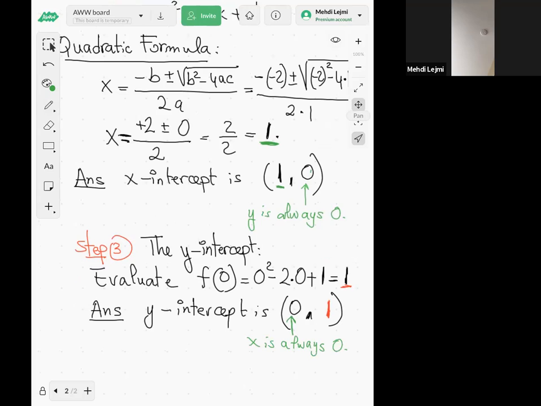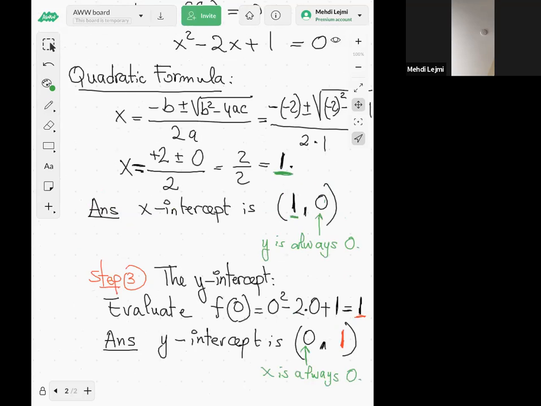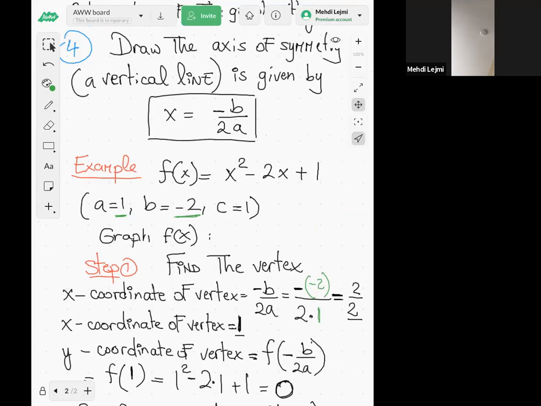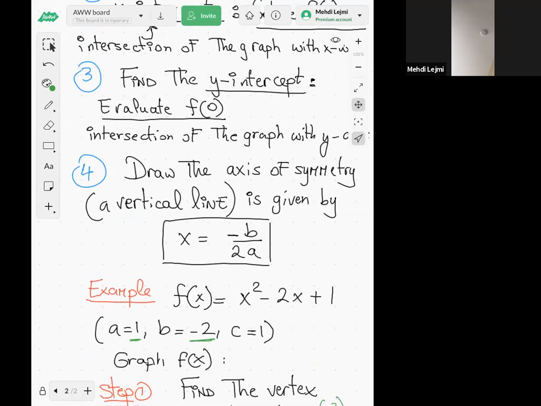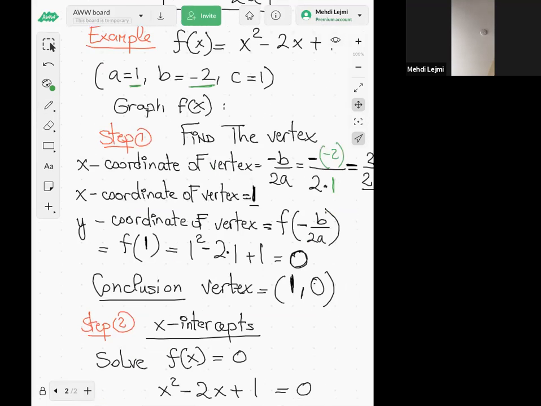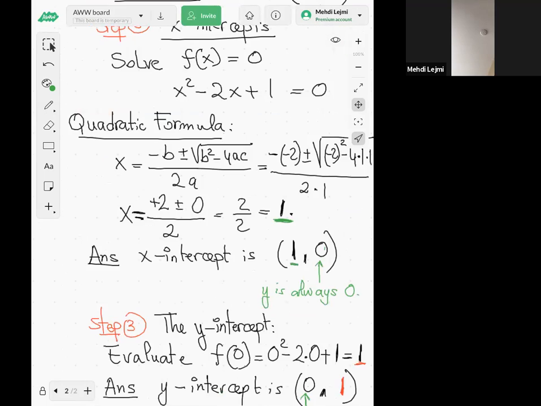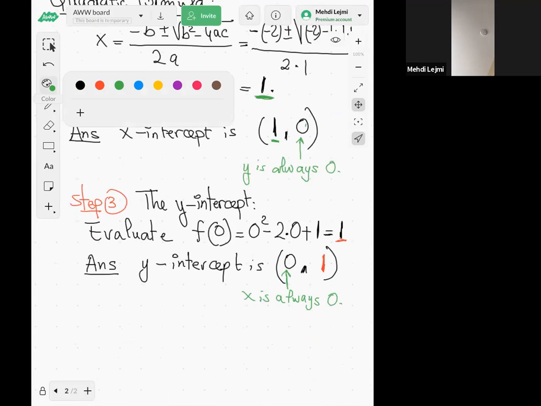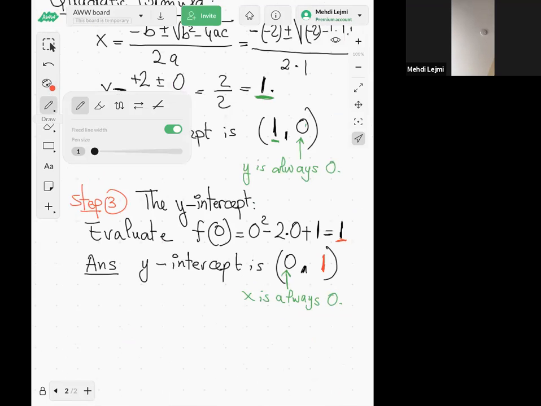Now, step 3 was finding the y-intercept. Step 4, I have to find the axis of symmetry, and the equation of the axis of symmetry is just the same as the vertex's x coordinate, minus b over 2a. The axis of symmetry is going to be a vertical line.